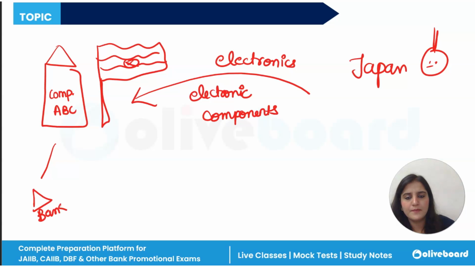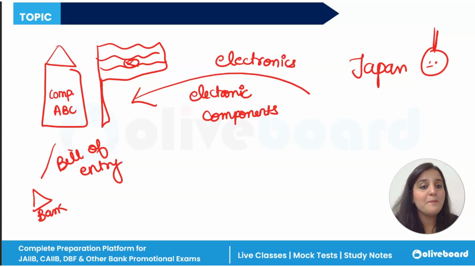Okay. Submitted. The bank processes these documents and ensures that company ABC has met all requirements and filing, then the bank needs to report this import to RBI for the BEF statement. Okay.